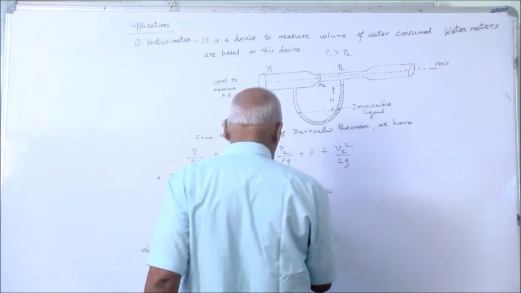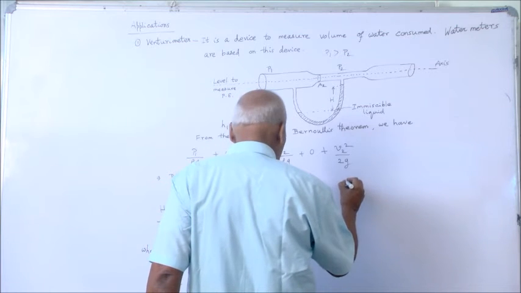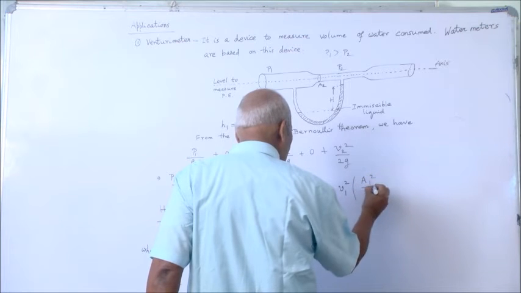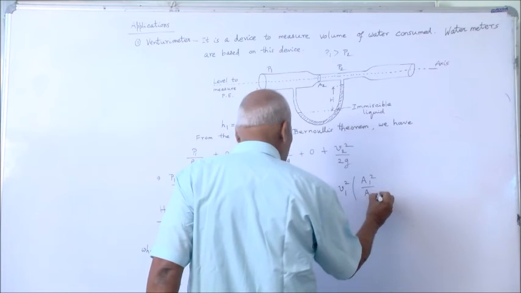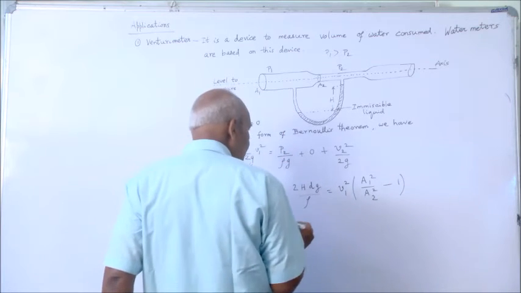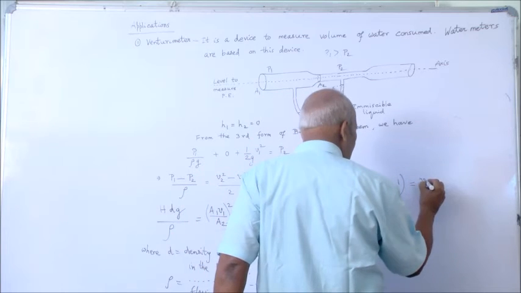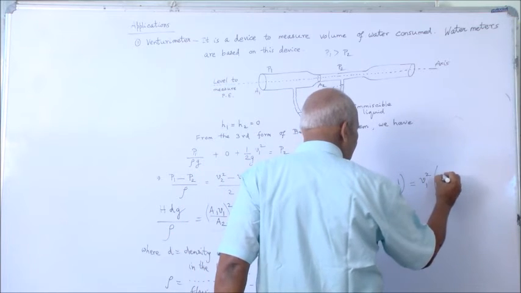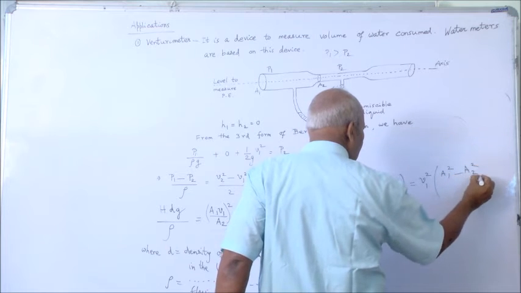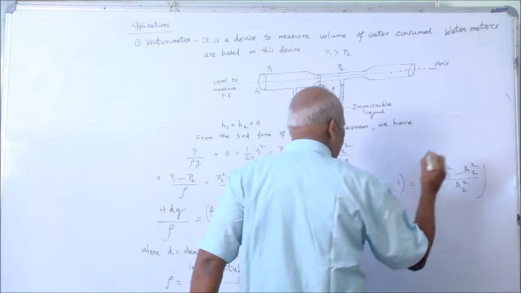is equal to, here you take common V1 square, then A1 square by A2 square minus 1, that is something as V1 square, then A1 square minus A2 square by A2 square.